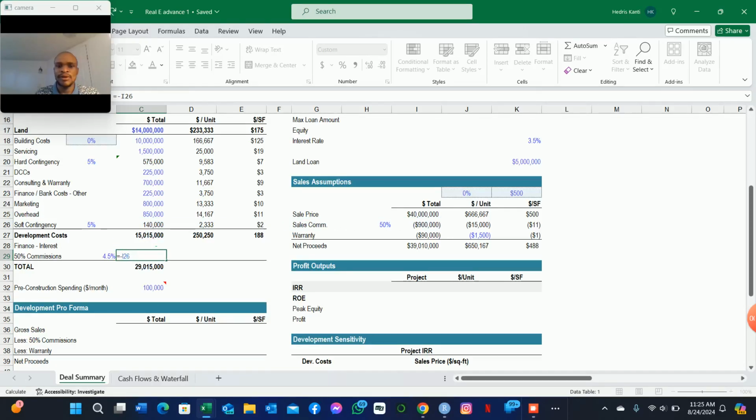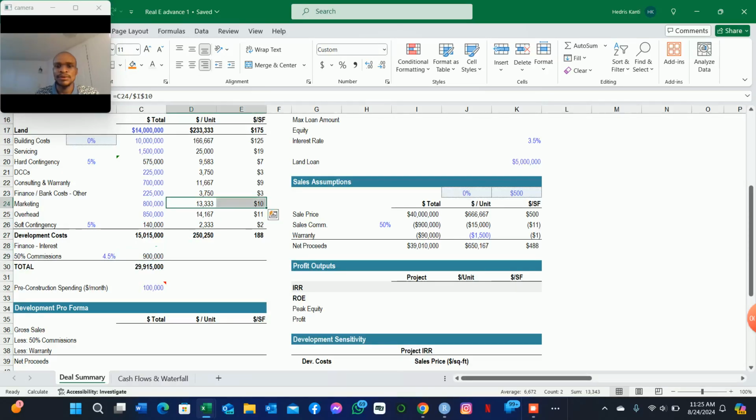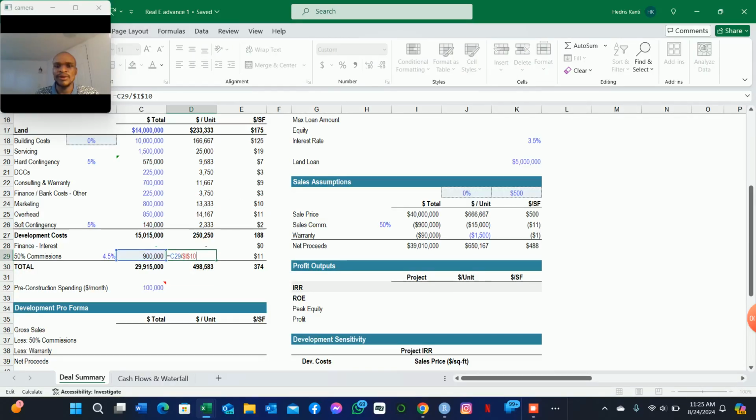So we're just going to fill it there like that. And then for the per unit and per square foot, we'll just copy this formula and paste it here as formulas. As you can see, it's picking up the right numbers.